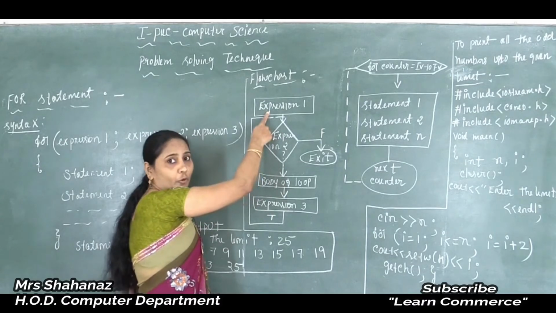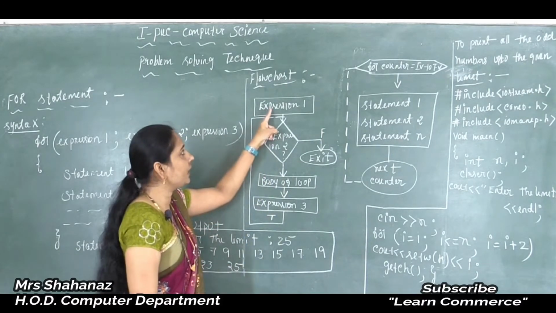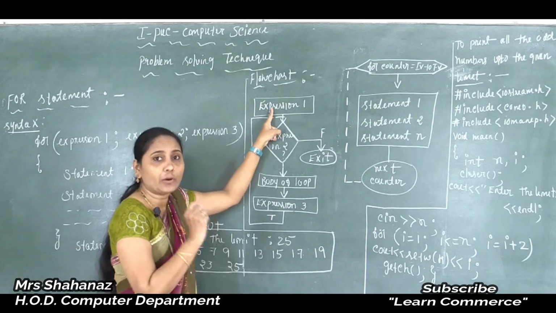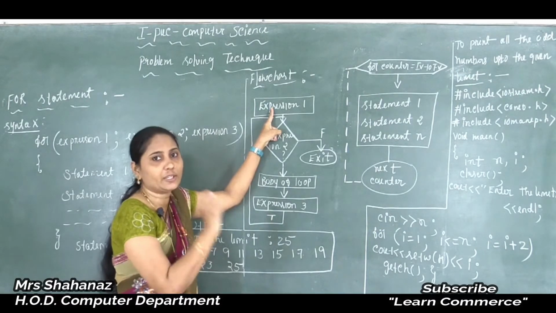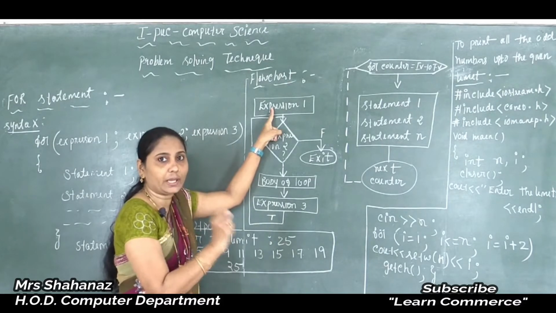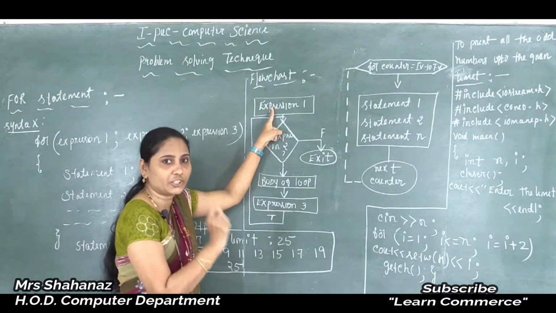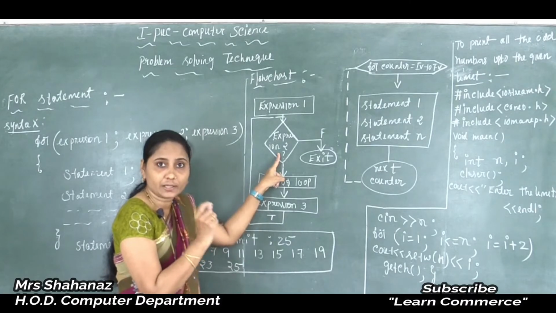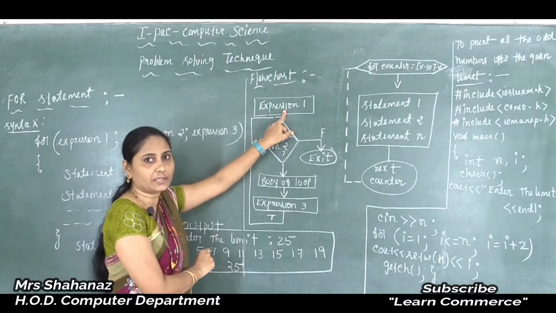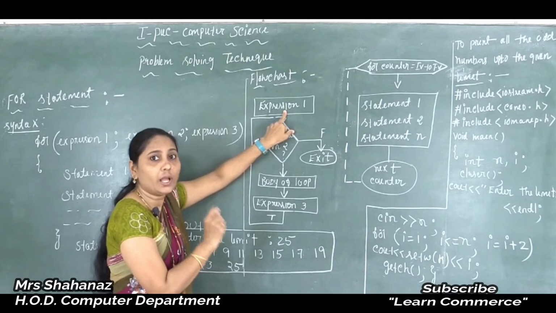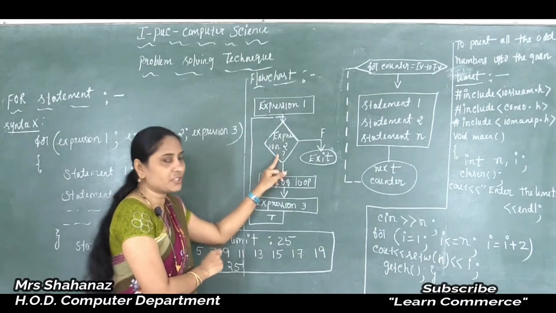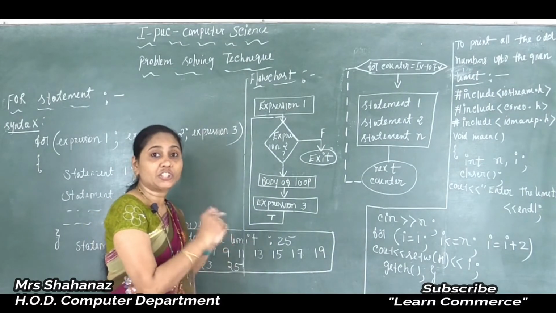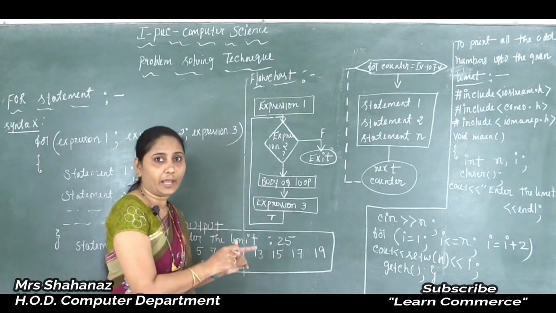Before checking the condition, we have expression 1, which represents the initialization. Initialization means giving a value to a variable, maybe I is equal to 1, or I is equal to 3. Expression 2 is used to check the condition, that is, the final condition: up to where we should keep checking the condition in any program.